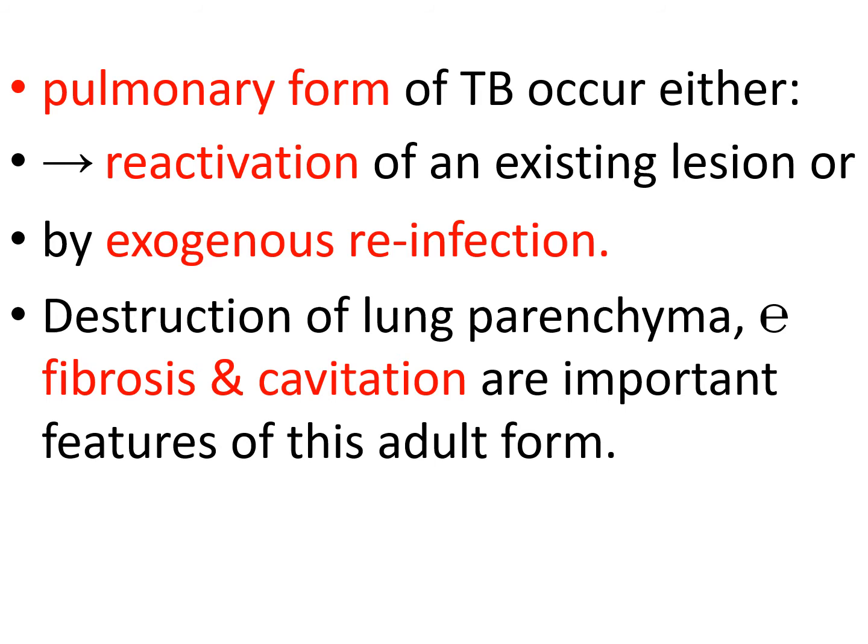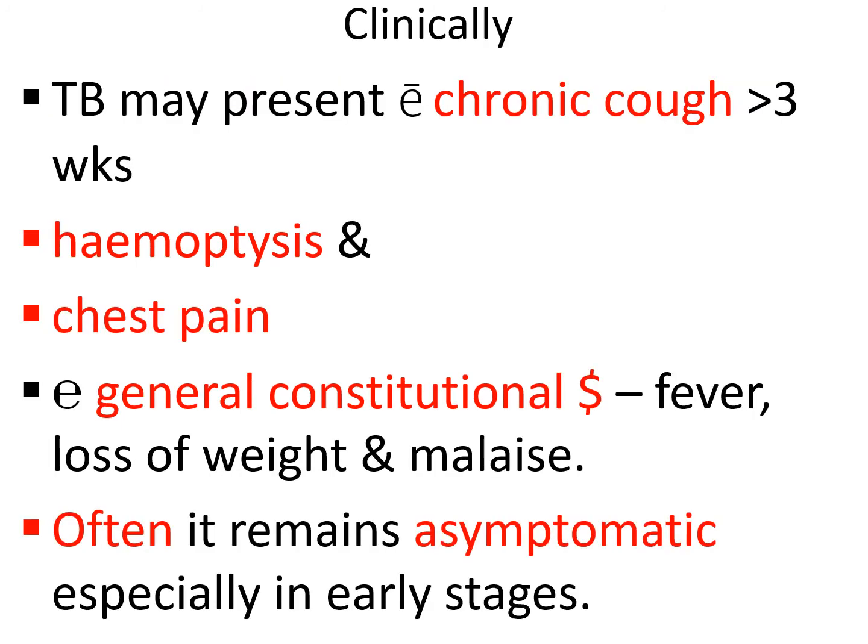Destruction of lung parenchyma with fibrosis and cavitation are important features of this adult form.